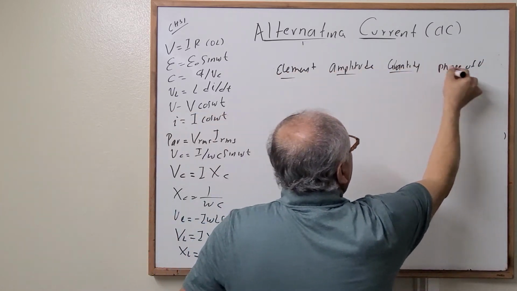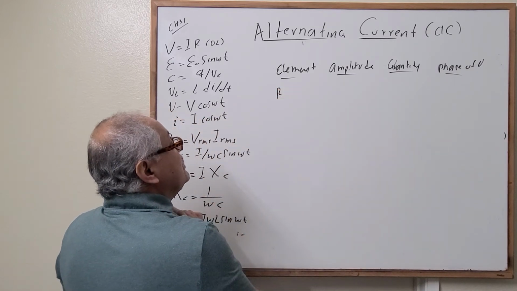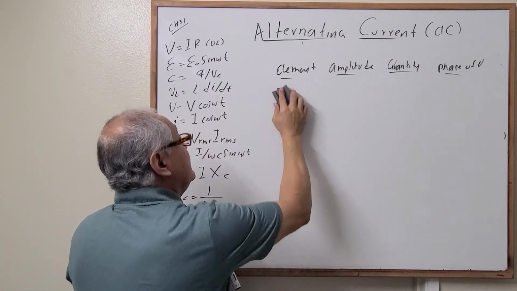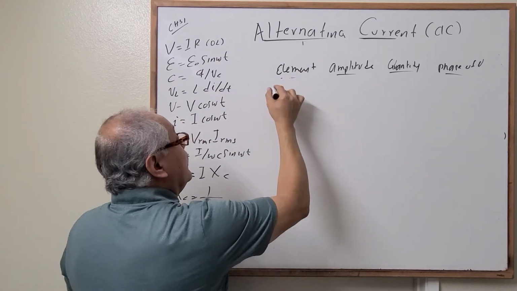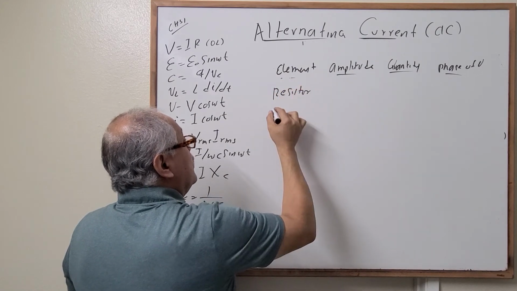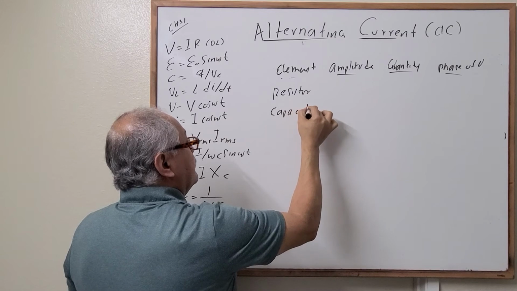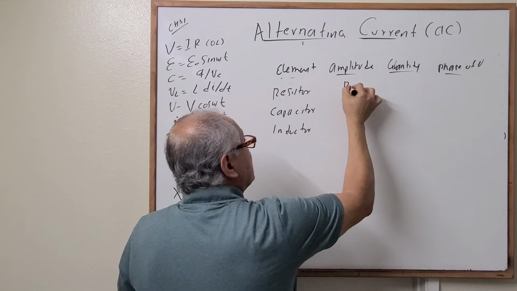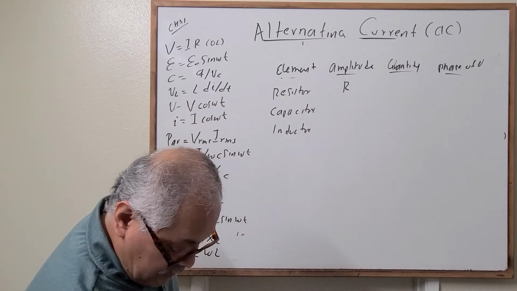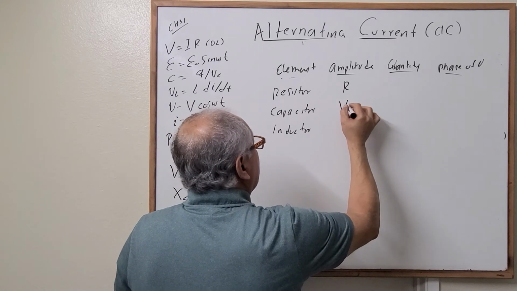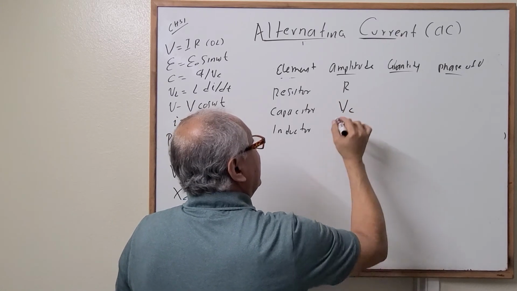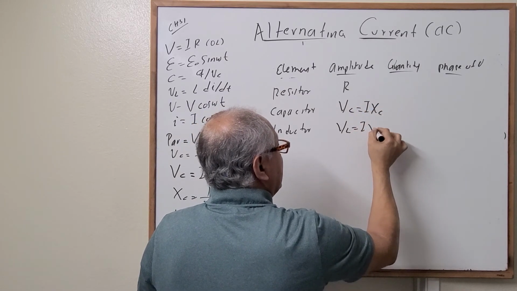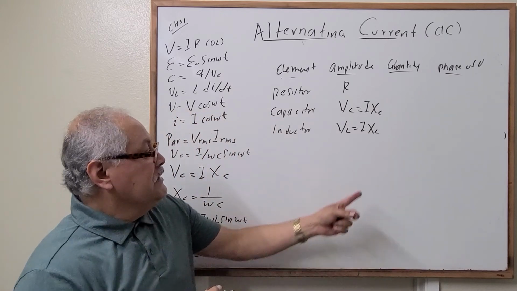The elements are the resistor, the capacitor, and the inductor. Let's write the names, it's better. For the resistor, that's the amplitude VR. For the capacitor, we're looking for VC, and for the inductor, VL, and that will be current times the reactance of the inductor.